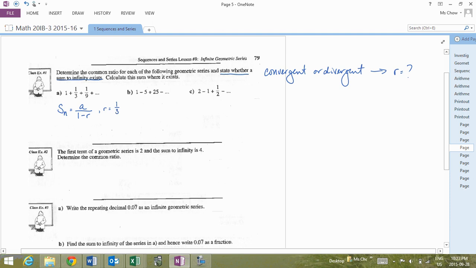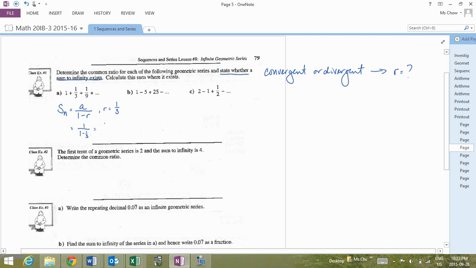Again, if you can't remember, or if it isn't immediately obvious, you can do T2 divided by T1 or T3 divided by T2. So we've got 1 divided by 1 minus 1/3, which is of course 2/3.